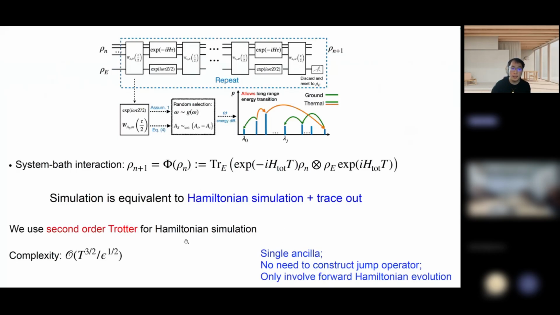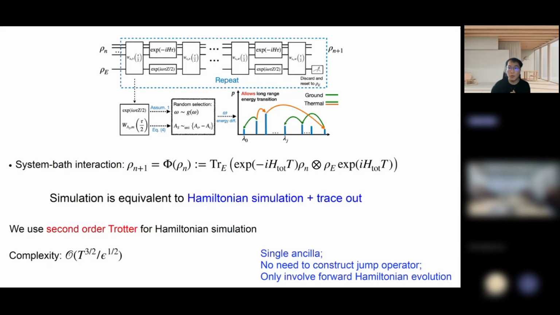The main reason is the second-order Trotter only involves the forward Hamiltonian evolution. This is friendly to the analog quantum computer. In fact, if you use the second-order Trotter, our algorithm can be implemented on an analog quantum device. And because we use the second-order Trotter, the complexity scales as t to the power 3/2 over square root of epsilon.